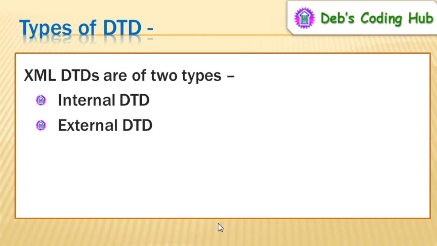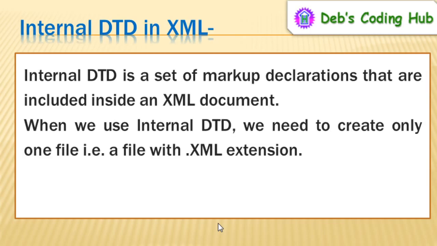Now, types of DTD. XML DTDs are of two types: internal DTD and external DTD. Now, what is internal DTD? Internal DTD is a set of markup declarations that are included inside an XML document, and they define the structure or building block of the XML document.